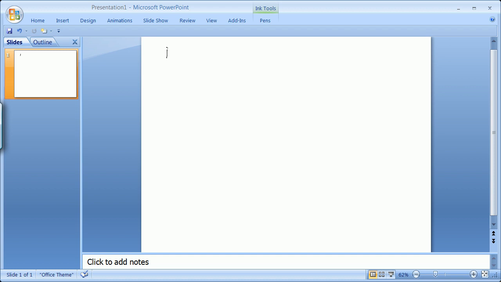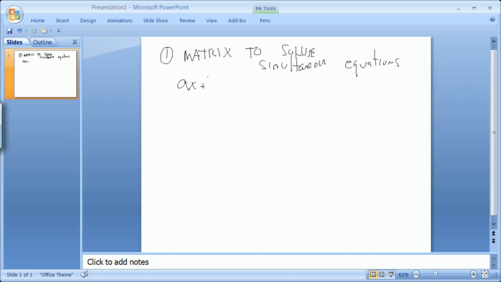All right, one is know how to work with a matrix to solve simultaneous equations. Remember, you have to do the format ax plus by plus cz plus dt, etc. equals e, and then you need to do that all the way down.